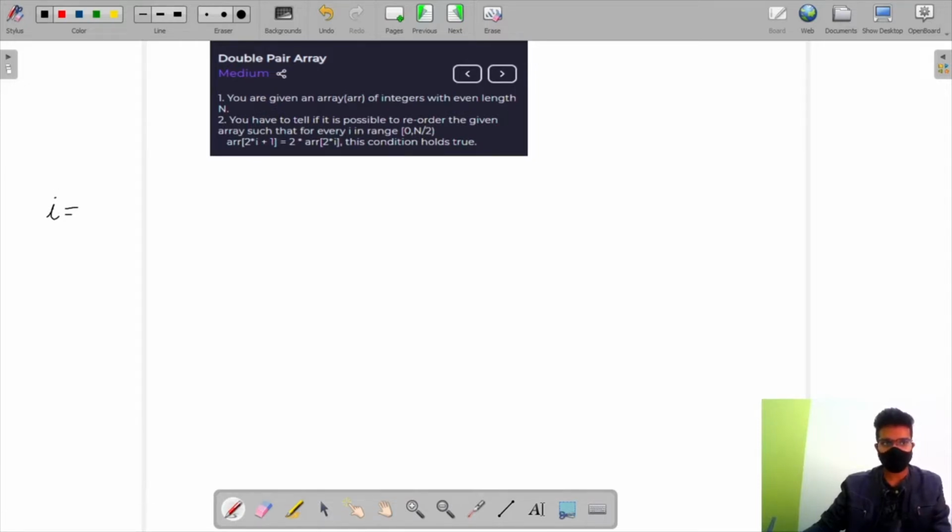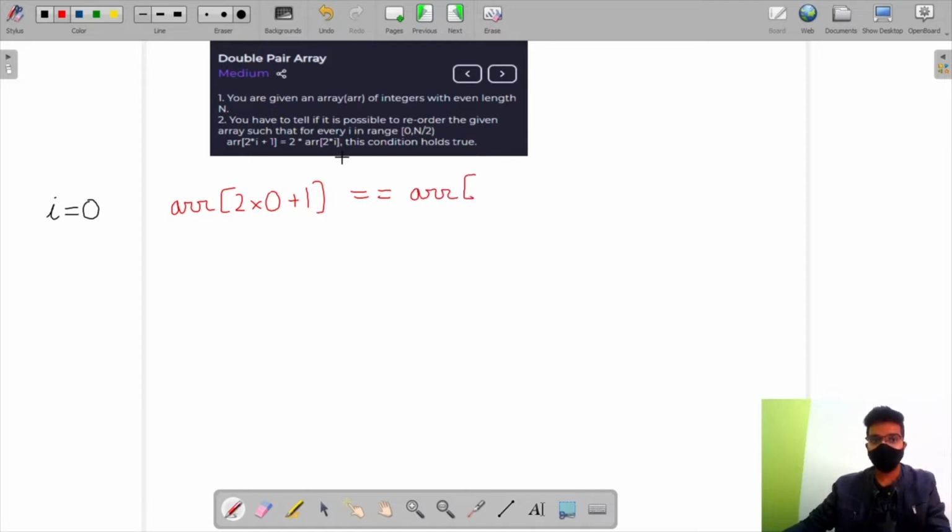Array of 2 into 0 plus 1 should be equal to 2 into array of 2 into 0. So that's what this condition actually means.